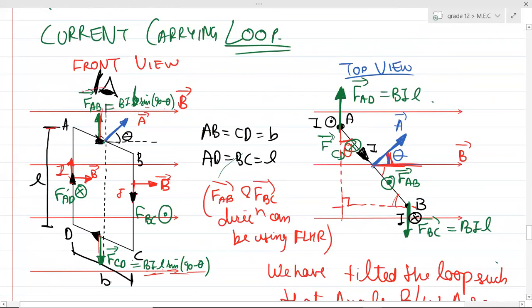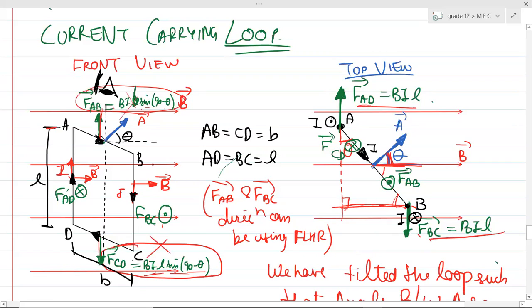So that's why we didn't include these two forces. But these two forces, FAD and FBC, had a certain perpendicular distance between them, from here to here. So we had to include the perpendicular distance. Since the first two forces were not producing any torque, when we were calculating torque we didn't include them.